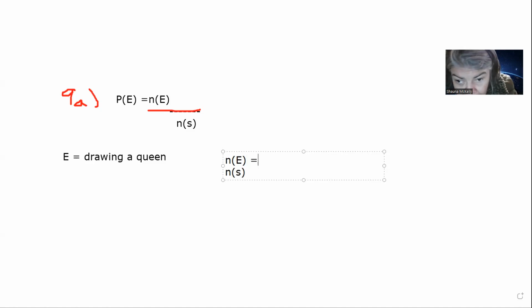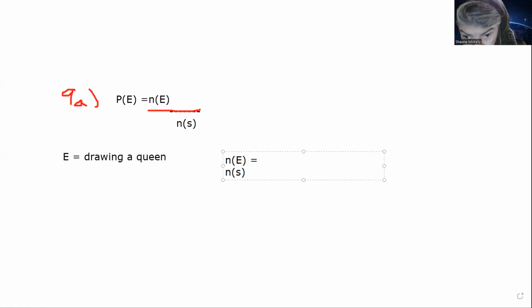Okay, now, if you remember what we just saw a few minutes ago, if I look at the number of ways to get the event, and I look at my sample space for my deck, how many queens do we have?